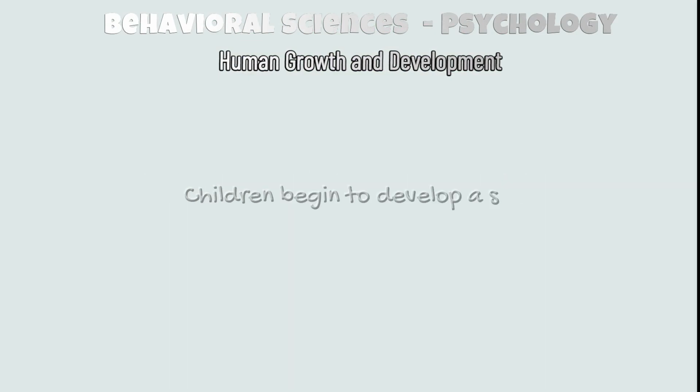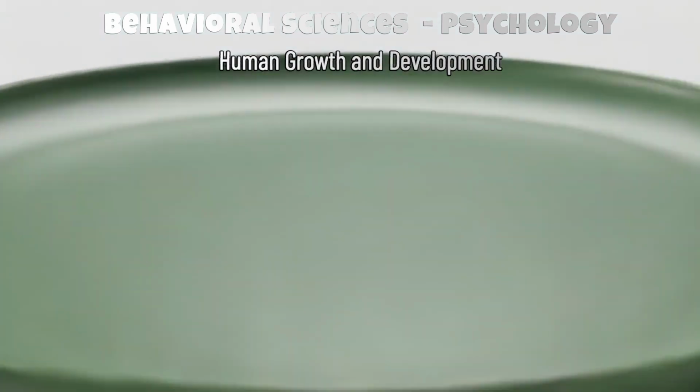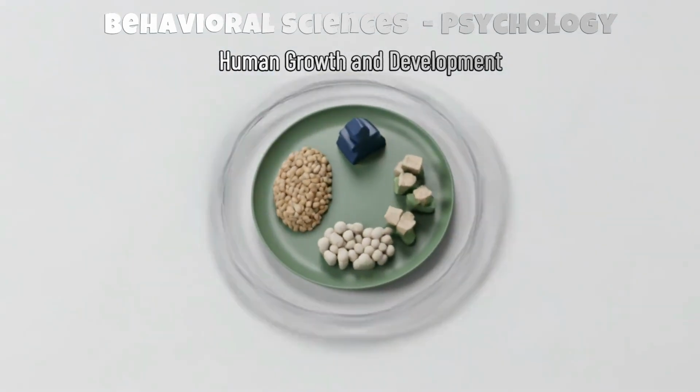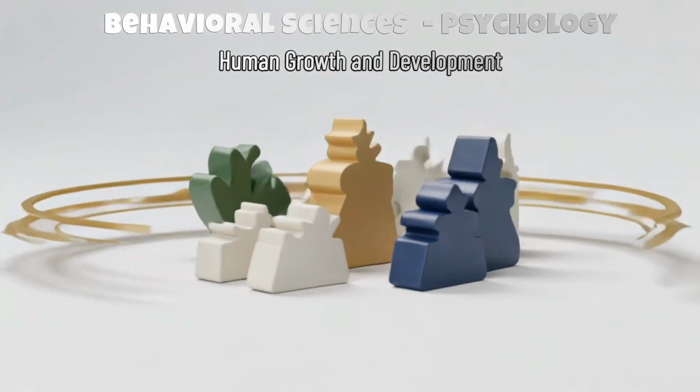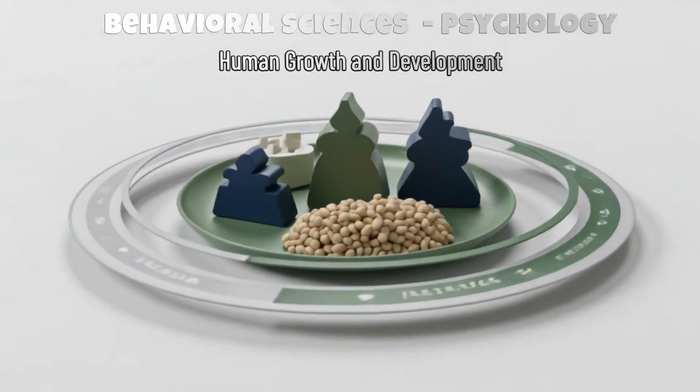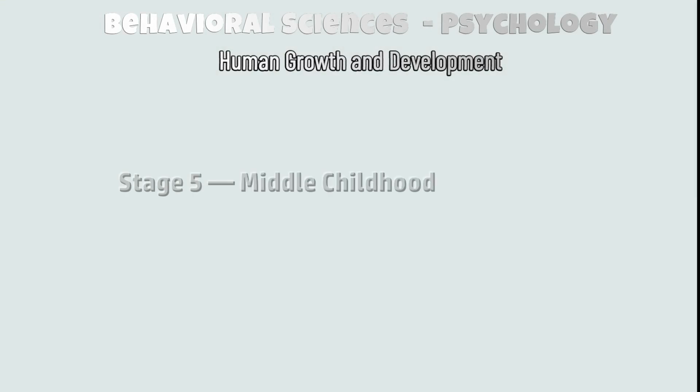Children begin to develop a sense of self, to understand basic social rules, and to engage in imaginative play. Nutrition during this stage is critical, and malnutrition, which is unfortunately still prevalent in many African communities, can have lasting effects on brain development.